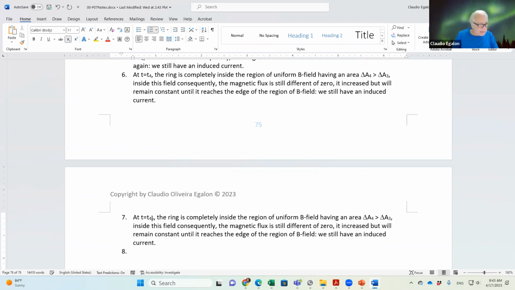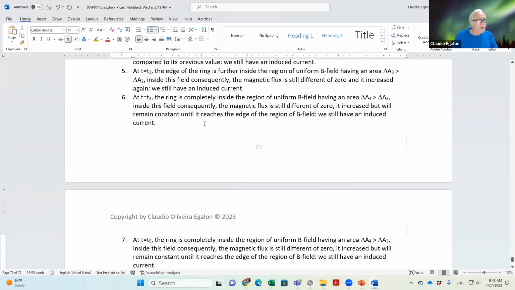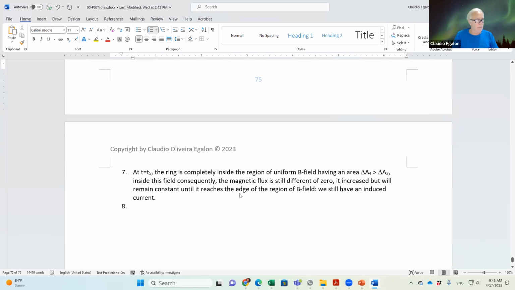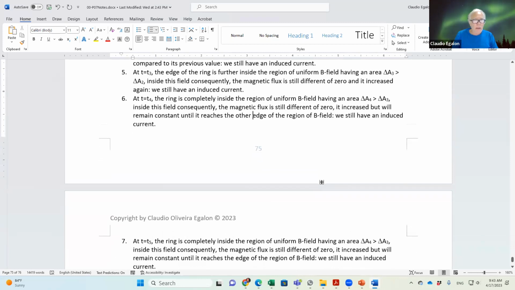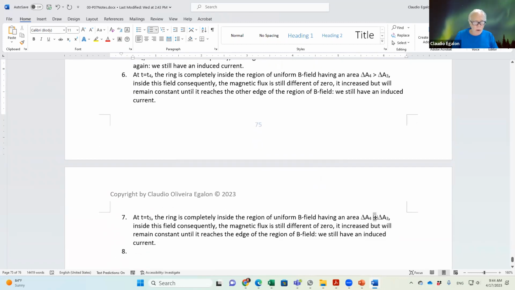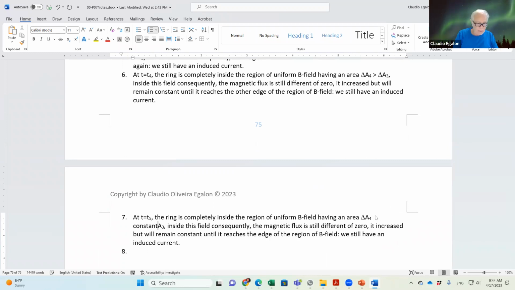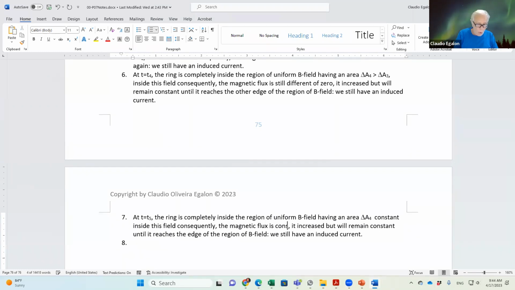At t equal to t5, at the other edge of the region of the field, the ring is completely inside the region of the field, having an area delta A4 constant inside this field. Consequently, the magnetic flux is constant.